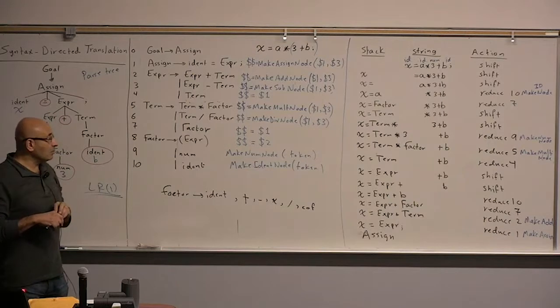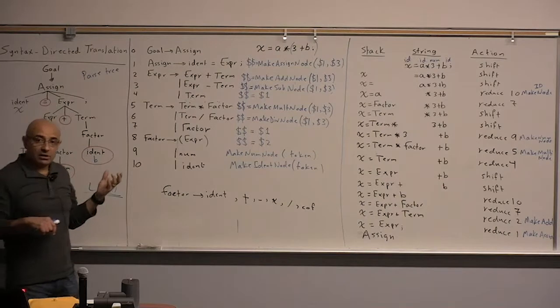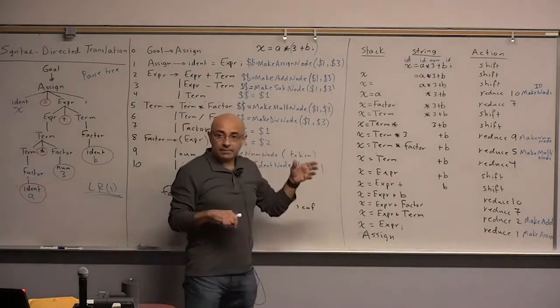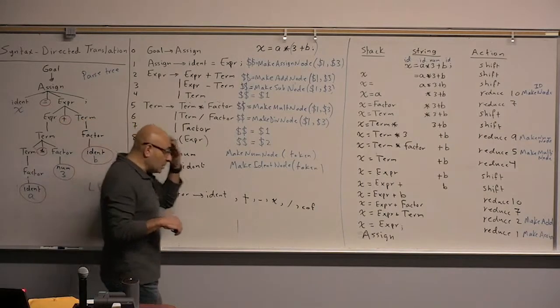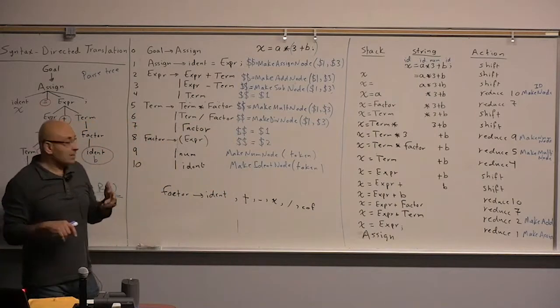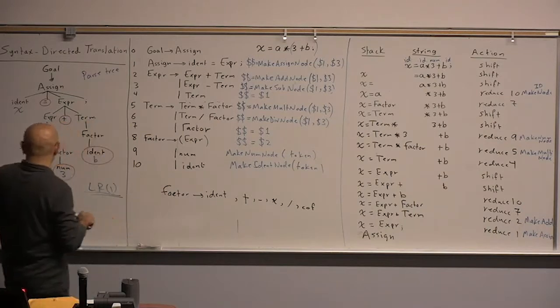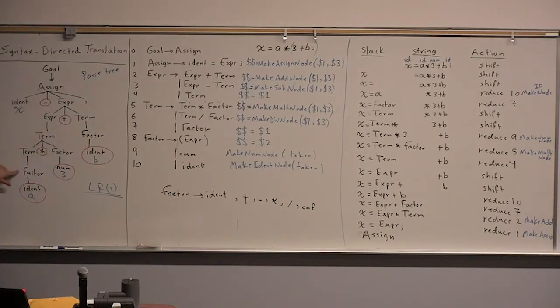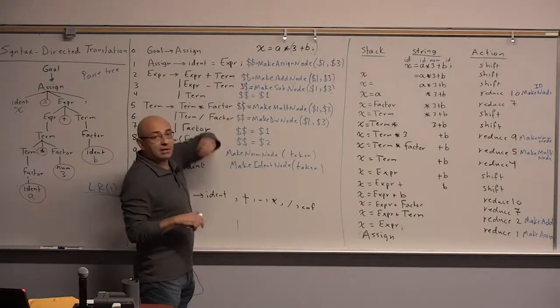In order to do this, you have to think about the actions that you want for each reduction. You want to think about which of these reductions result in actual actions, and which ones will not, so we'll just be passing things up. For example, when you reduce a factor to a term, there is no actual action, so you just pass the information up. You will need to use this $ sign notation.